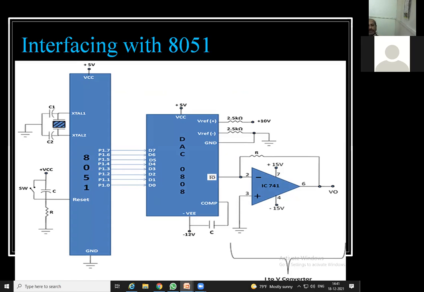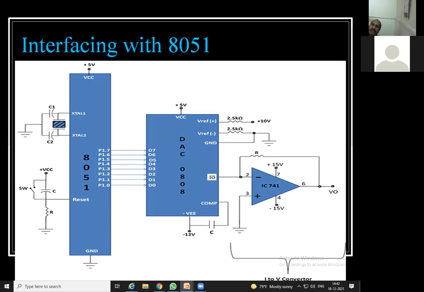So here the limitation of this DAC 0808 is that it will provide the output in the form of current. The output of the DAC will be current, but normally we are taking the output as a voltage.